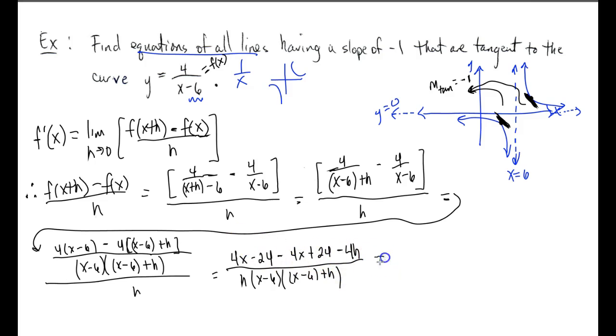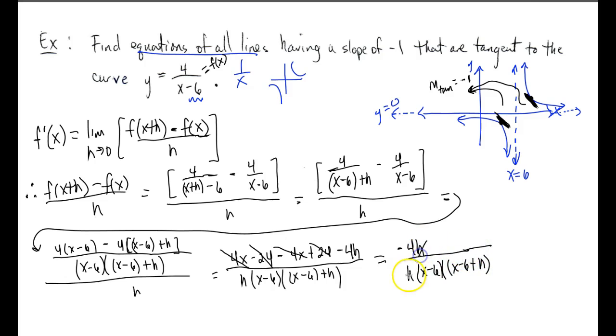If you notice in the numerator, every term that does not have an h in it will cancel to 0 with something else. So 4x and negative 4x cancel, negative 24 and 24 cancel to 0. All we have left is the negative 4h divided by h times x minus 6 times x minus 6 plus h.